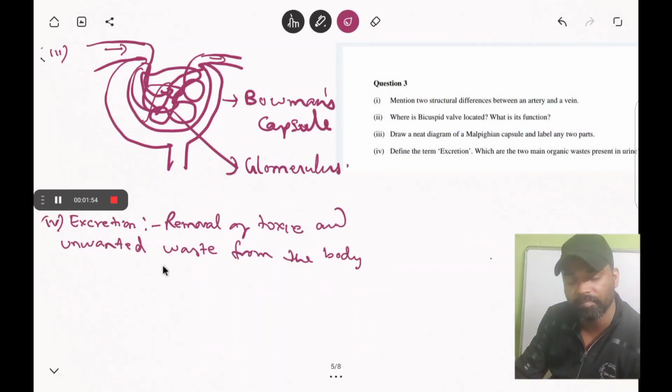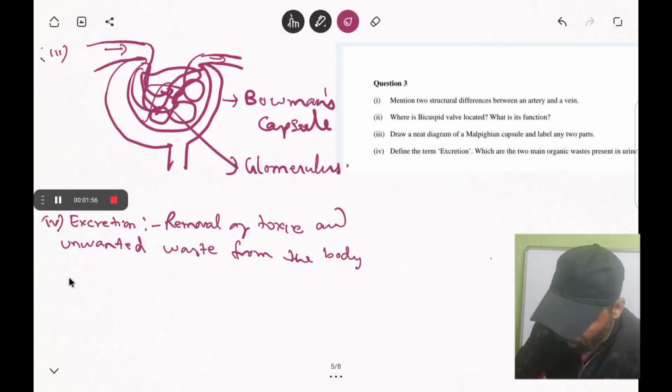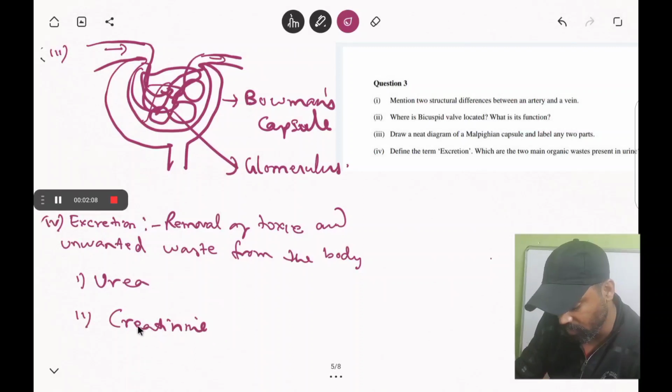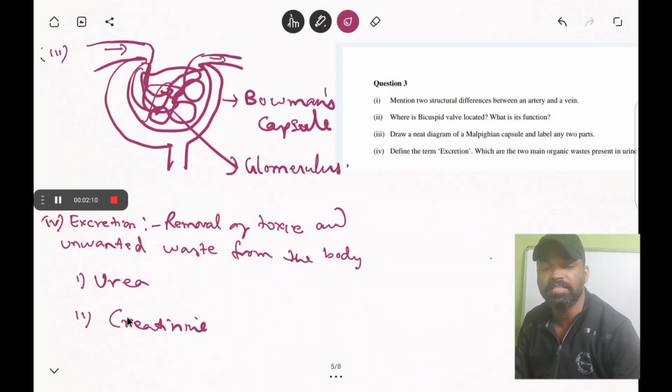And then, the two main organic wastes present in urine: first is urea, second is creatinine. These are the organic wastes present in urine.